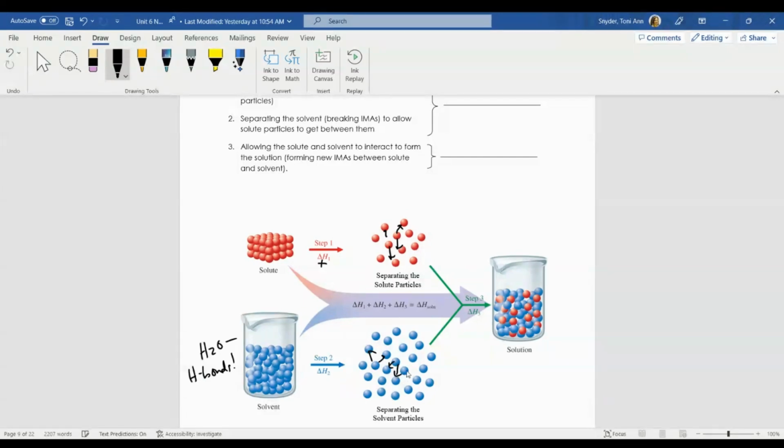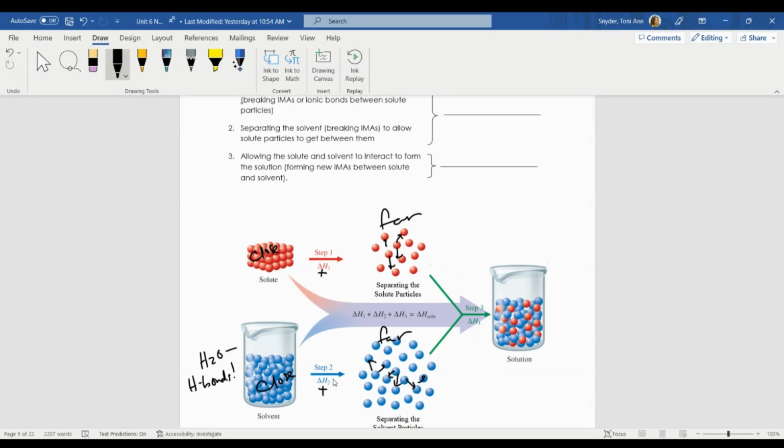I'm going to draw some arrows here to show that they're separating. See, they're very close here. These are also very close, but they get farther apart. So we'll say they're very far here. This also requires energy in order to break some hydrogen bonds and in order for these particles to get farther away. This process is an endothermic process that requires energy.